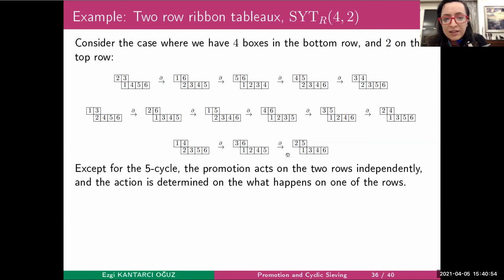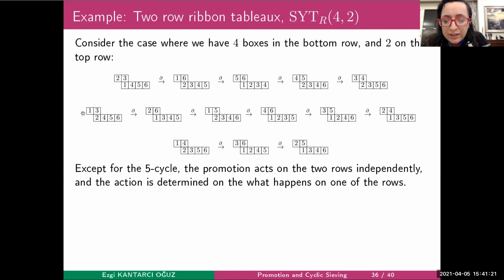When these are behaving independently, you can just think of it as promotion happening on one of the rows, because the other row is completely determined by what happens on the first row. So this is sort of the same thing as just looking at the 2-element subsets and then doing promotion on those, or rotating entries.